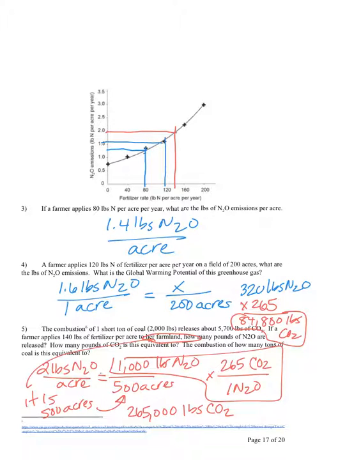So how many tons of coal combustion is that equivalent to? So I can use my for every statements here, or I can use a ratio, or I could use a conversion factor. The choice is yours. But it tells me that the combustion of 1 short ton, so I'll say 1 ton of coal, releases 5,700 pounds of CO2.